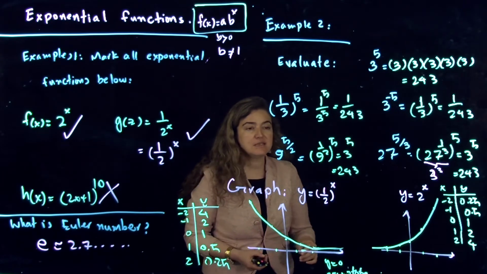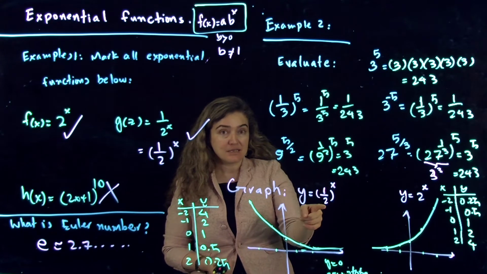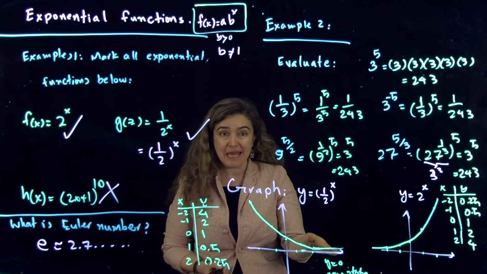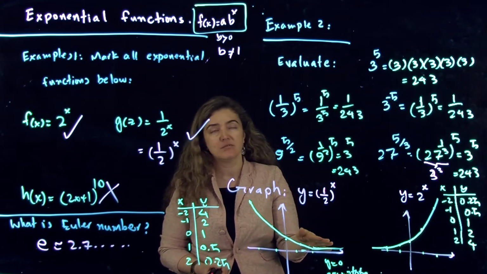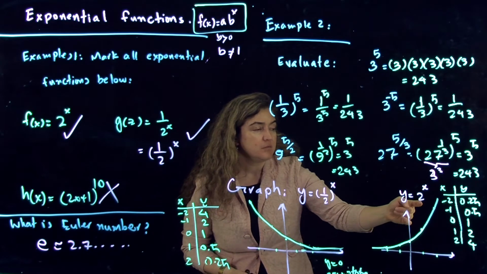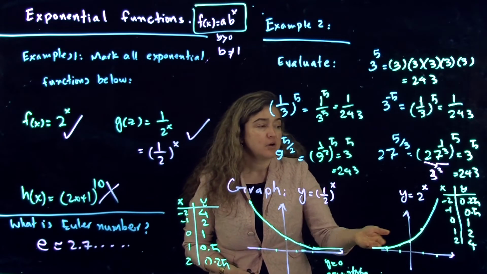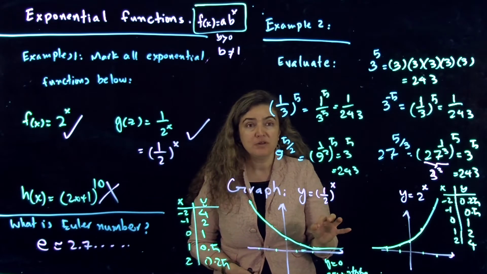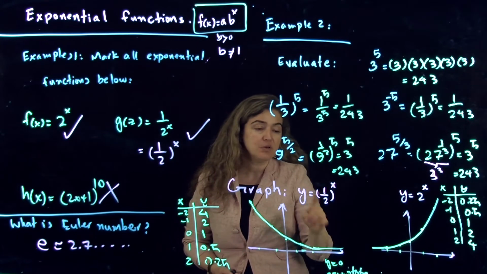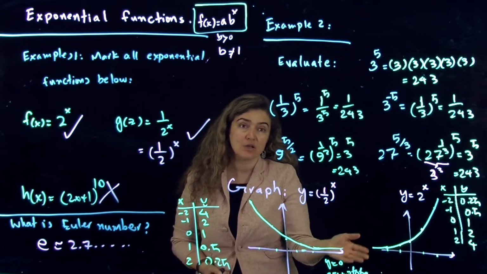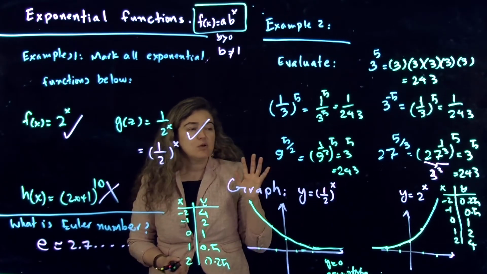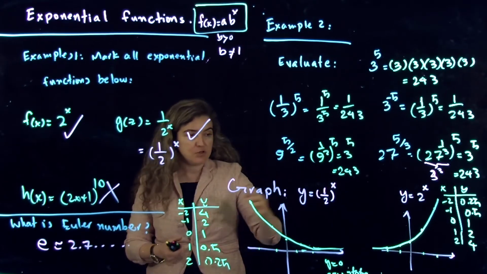What are the differences? When the base is a positive number less than 1, the graph decays to 0, and when the base is bigger than 1, the graph grows. Both functions have an asymptote. For this one, the asymptote is on the right. For that one, the asymptote is to the left. So it has to do with the relationship of the two also.